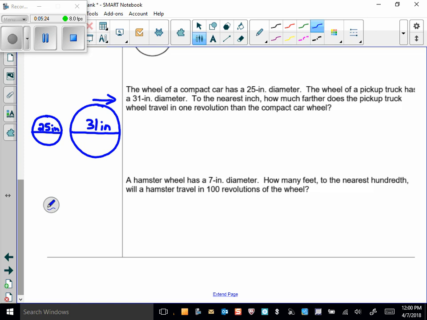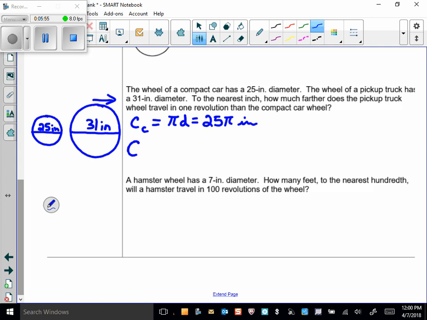Well, how far is it going to go in one revolution? It's just going to go one circumference. So what do we need to do? We need to find the circumference of each wheel and then subtract the smaller from the larger. So let's do the circumference. I'll do compact car. So the circumference of the compact car is pi times diameter, which is 25 pi inches.